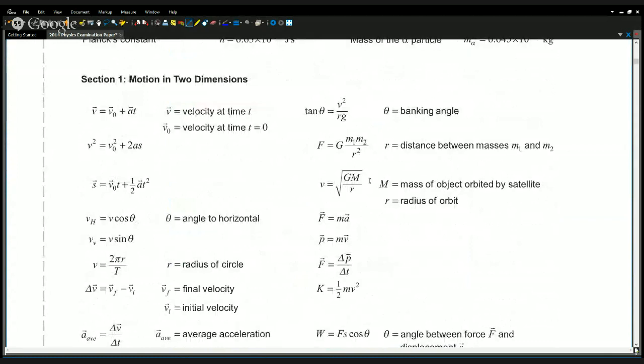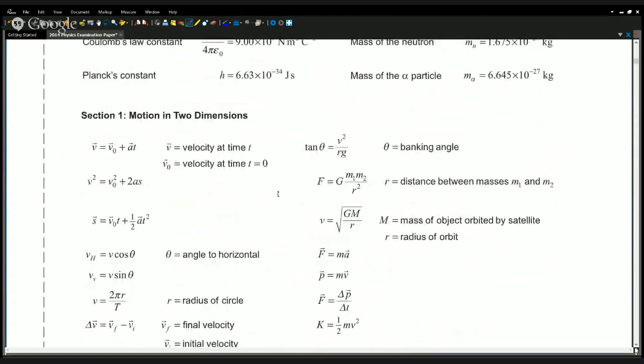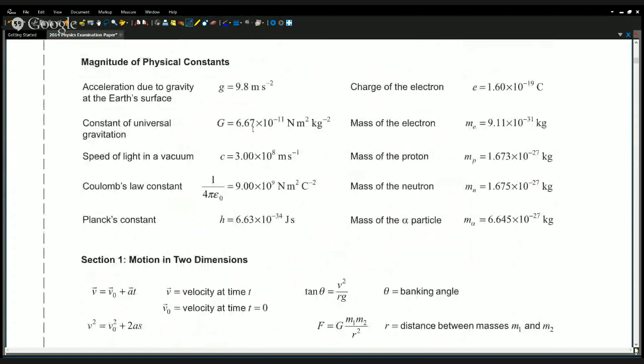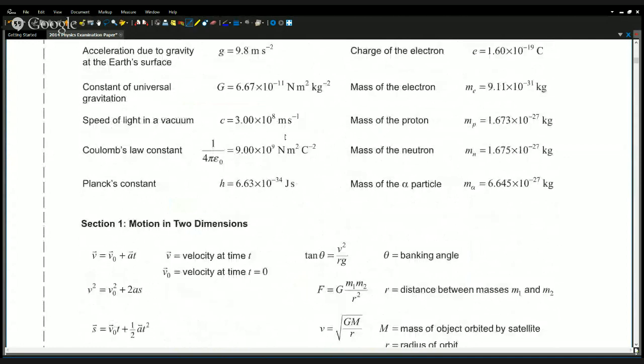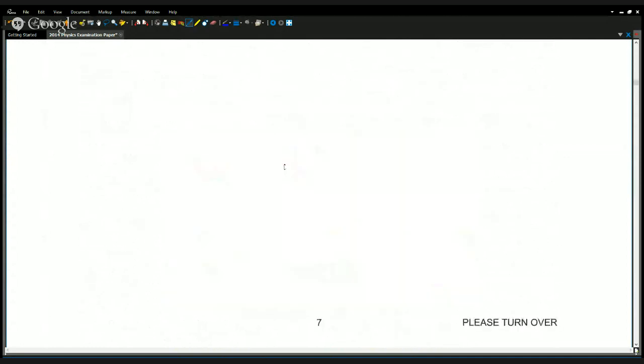This one is for satellites, so it makes sense. The gravitational constant we use is 6.67 times 10 to the minus 11 newton meters squared per kilogram squared. Let's write that one out.